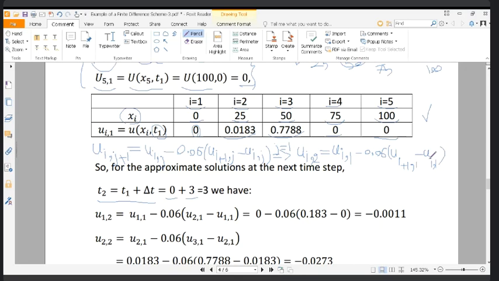Okay, this is the main formula, and we put j equal to 1 in this formula. Do you understand? We put j equal to 1 in equation 3. Okay?